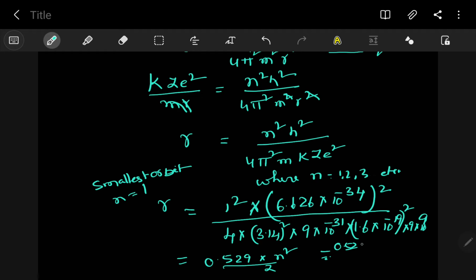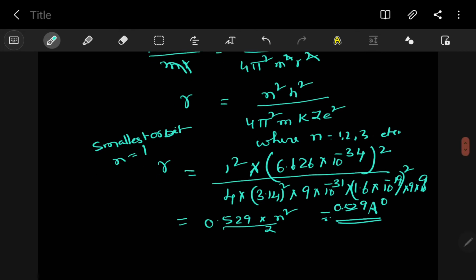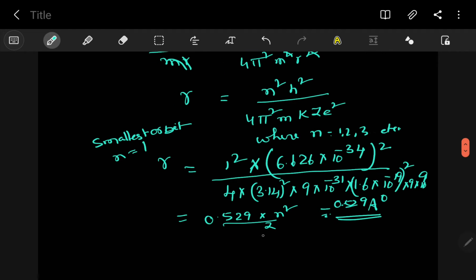For this one we got 0.529 angstrom units. If you have taken the n value and z value, this is our formula. That's about the radius of the orbit.